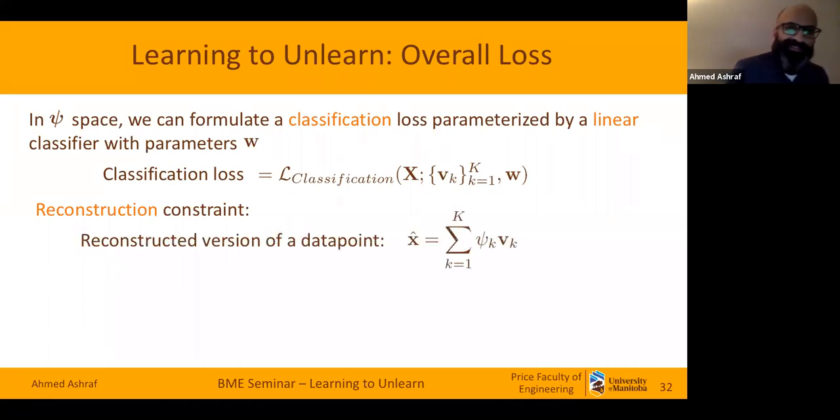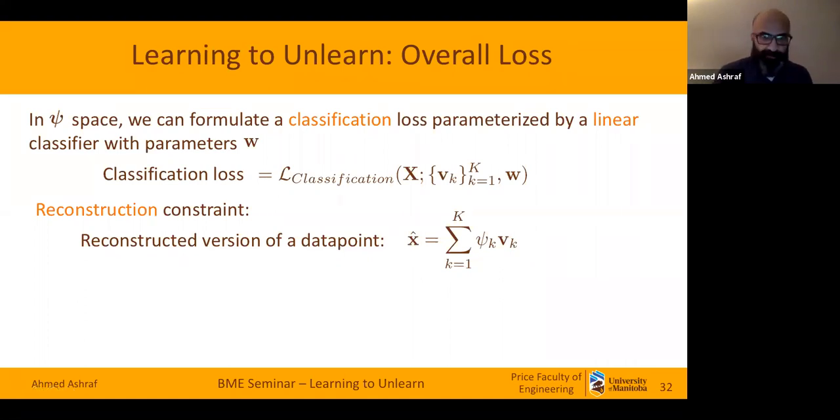And one way is to impose this constraint, the ability to reconstruct the data point back from this psi representation of the cluster centers. So these cluster centers are in the original space. Psi is just a probability. So how about we define this reconstructed version as a weighted sum of the cluster centers?